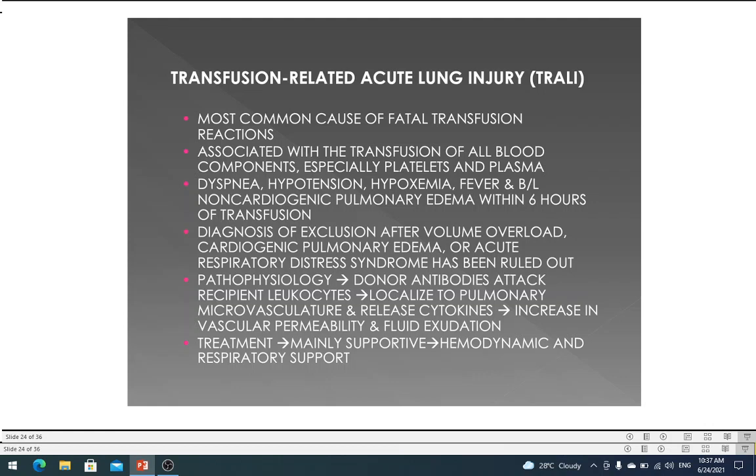In which case, again, all these features will be there, isn't it? Dyspnea, hypotension. So you have to rule out a cardiogenic cause or adult respiratory distress syndrome. Only then will you say that this patient has transfusion-related acute lung injury. So it is a diagnosis of exclusion, but you must suspect it whenever you have any of these symptoms.